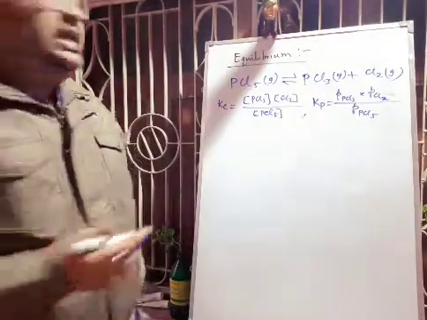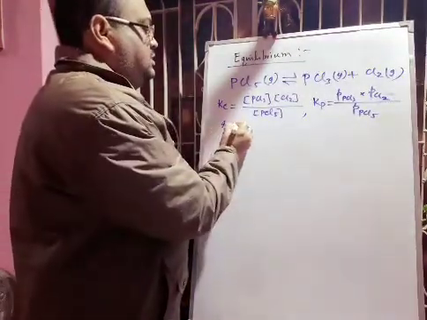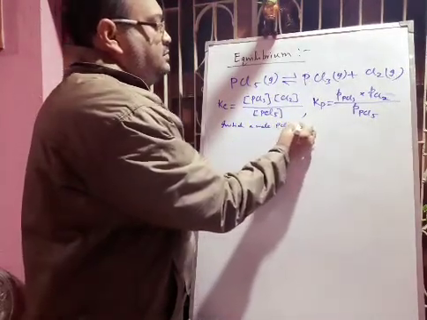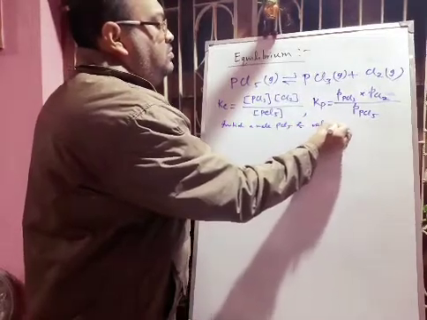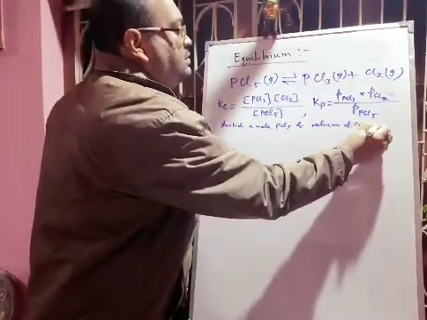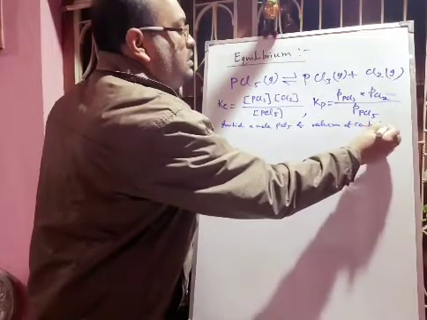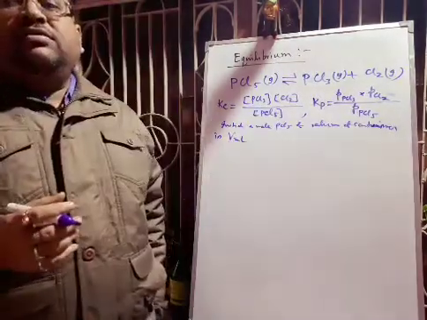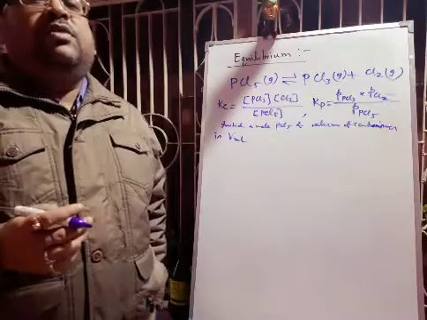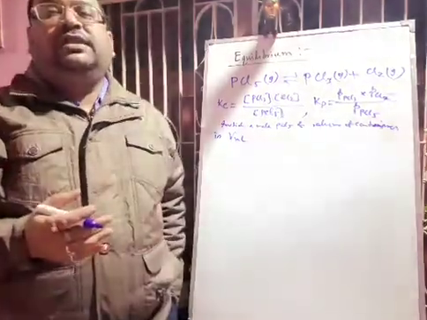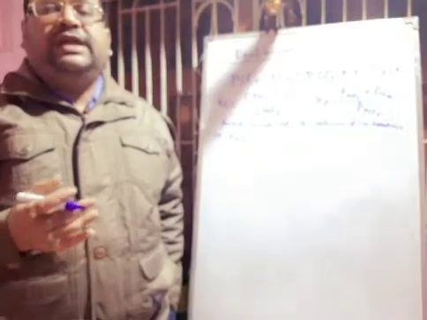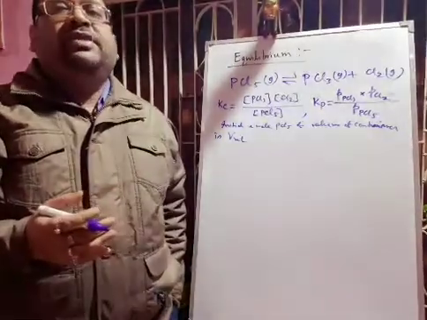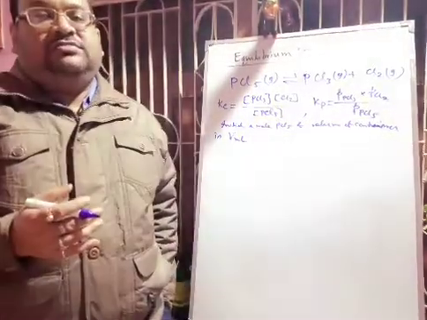So we are considering A mole initial, A mole PCl5 we have taken, and volume of container is V liter. Then again we have to write the equilibrium, and before that we have to consider that at equilibrium x mole of it is dissociated.